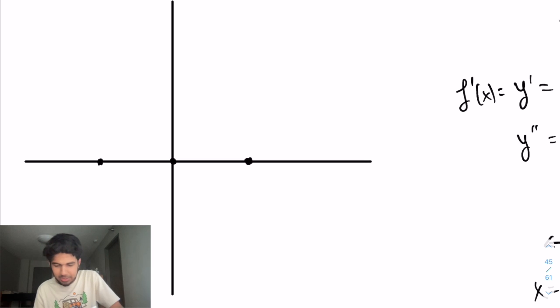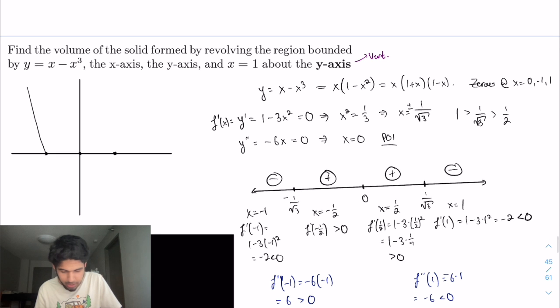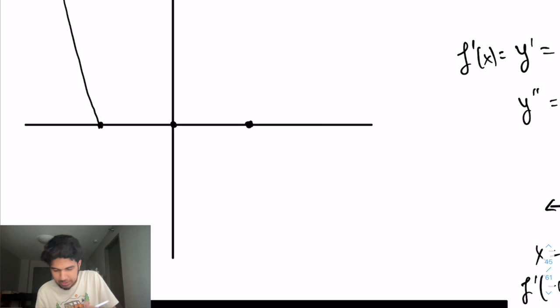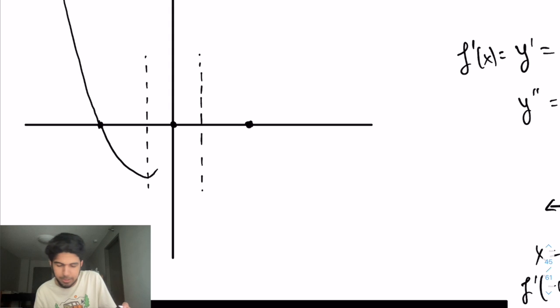So it starts out by having a negative tangent line, and it continues with that until we reach x equals negative 1 over root 3, which is somewhere here. We'll just call it here. And on the other side, we have 1 over the square root of 3, which is somewhere here. So we continue downwards, and then we change to having a positive tangent line.